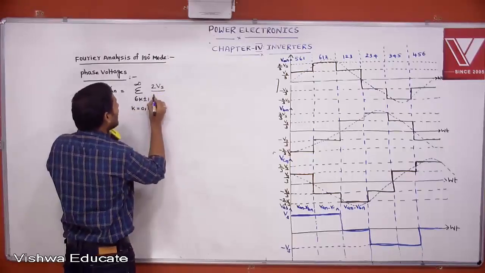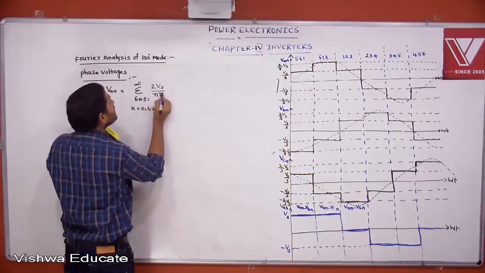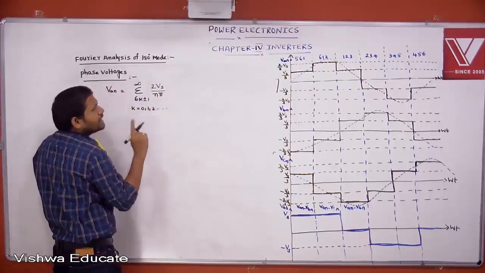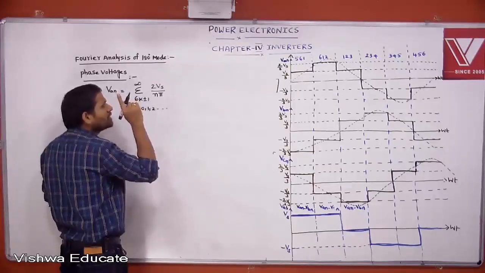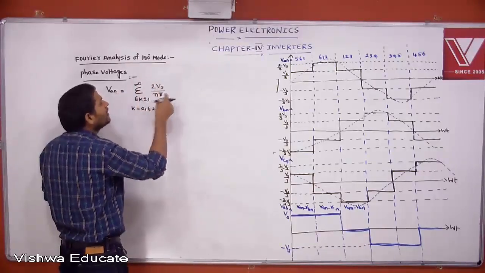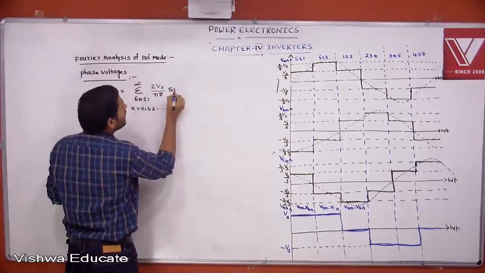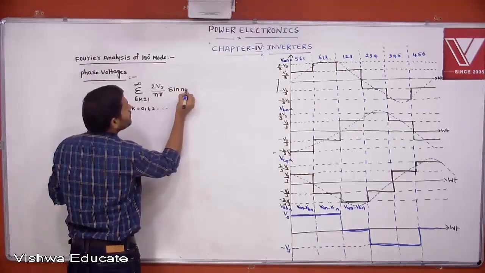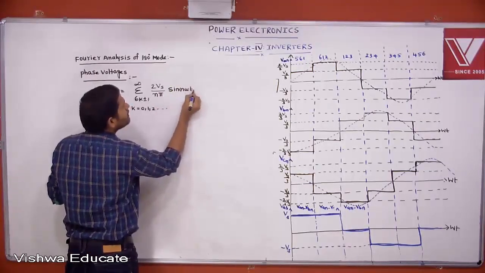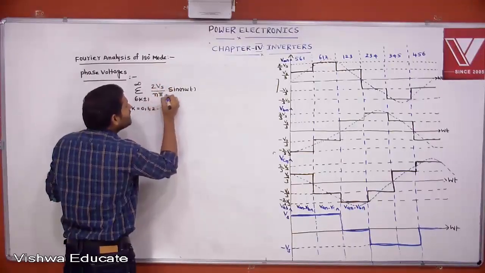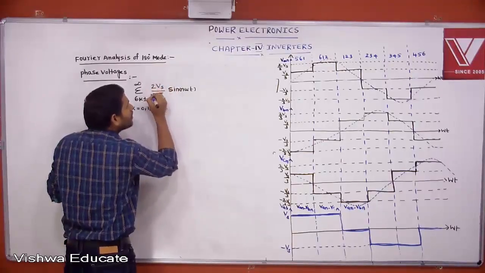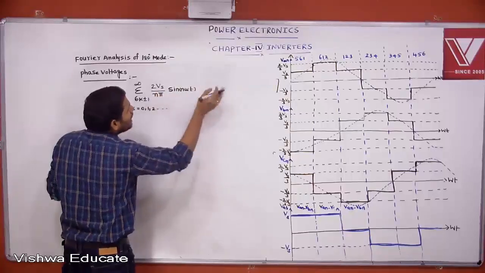As each phase is nothing but one half bridge, you already derived the formula in single phase half bridge, that is 2 Vs by n pi. Then the function is sin n omega t. I am talking about this value, you can write this value on your own, but sin n omega t is the function.